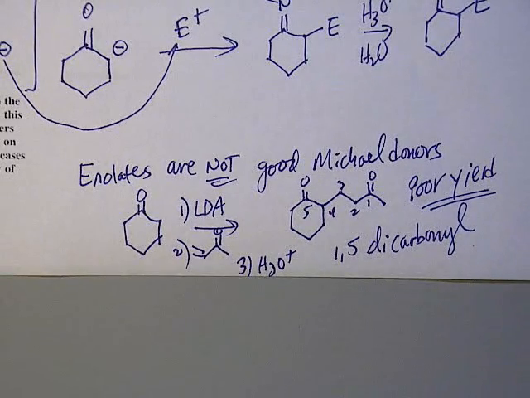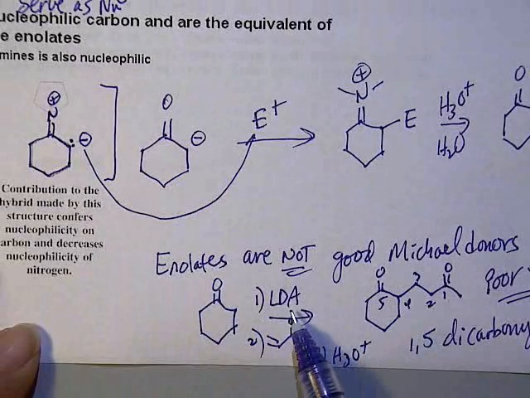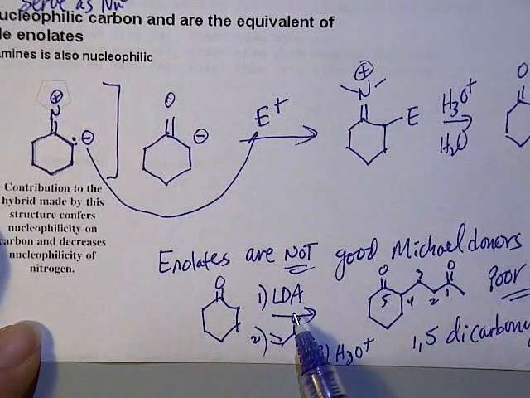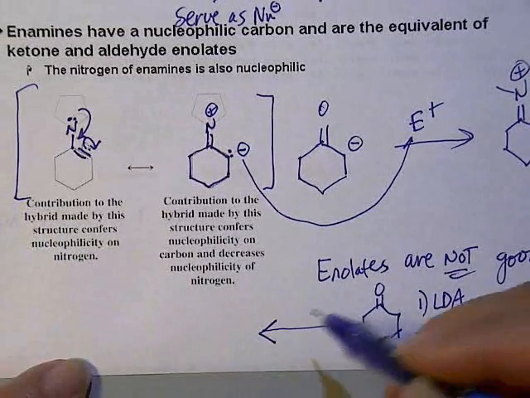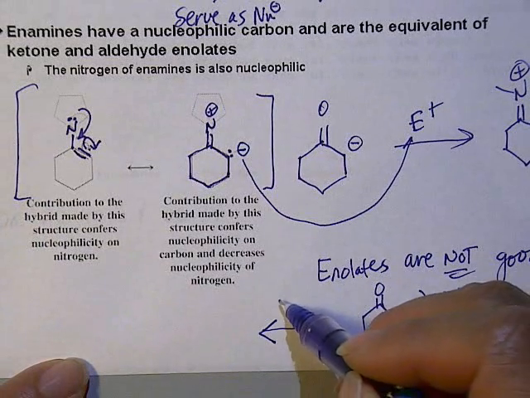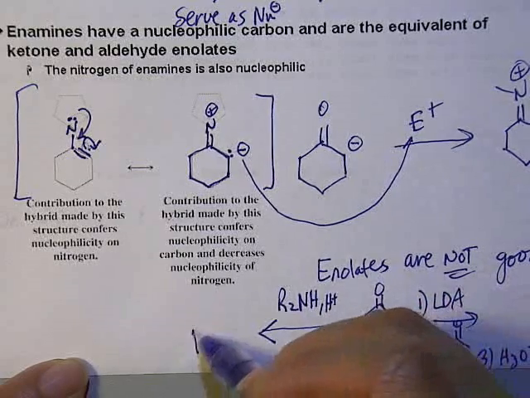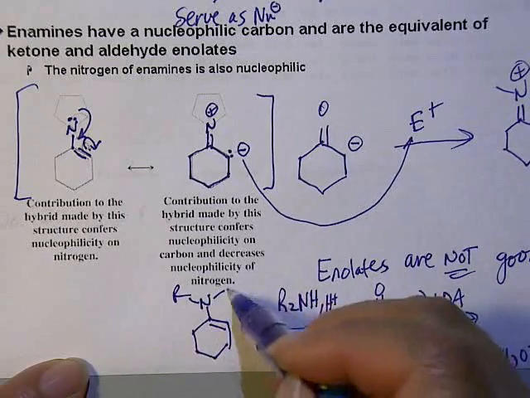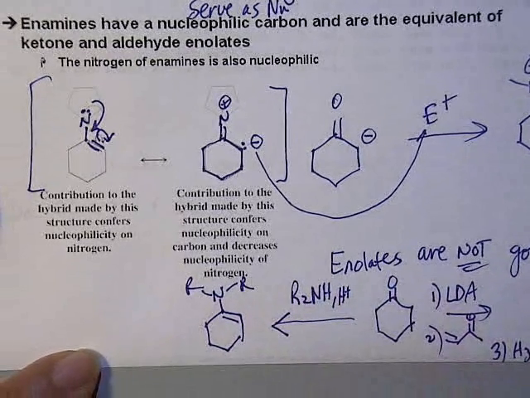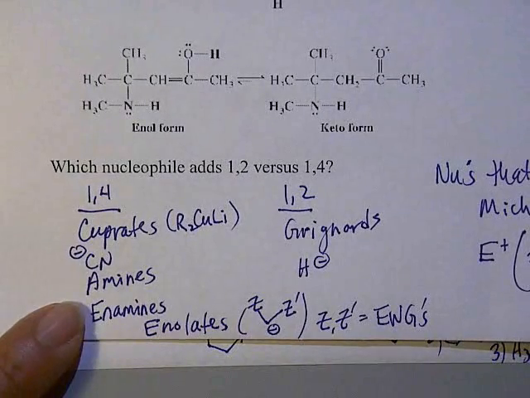But if you did the enamine chemistry, so instead of directly reacting with LDA, you take this and react with a secondary amine and make the enamine first. All right, enamines, remember I said we're going to go over this. Enamines are good Michael donors.